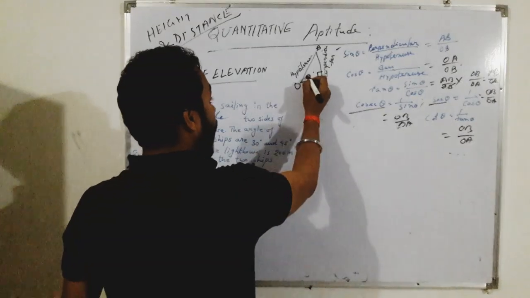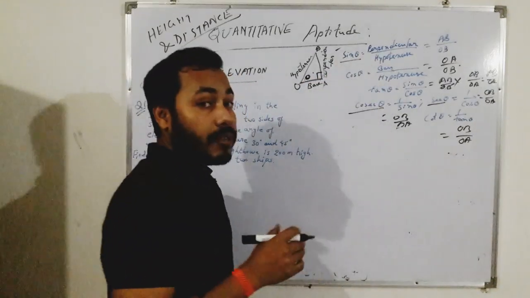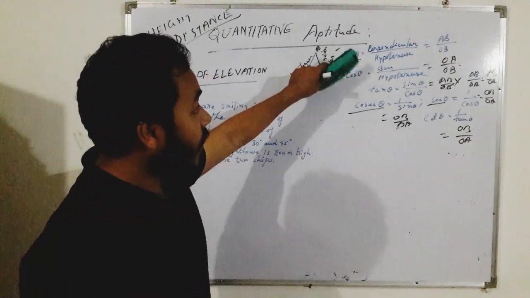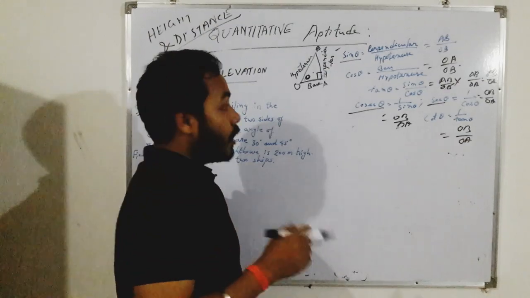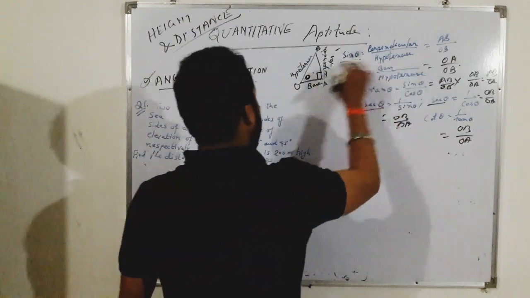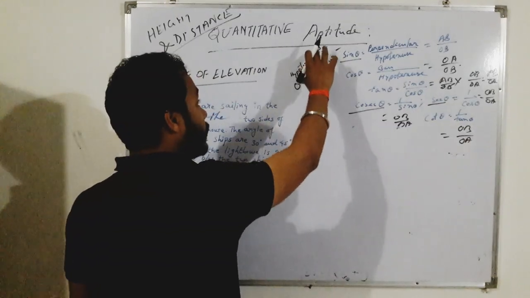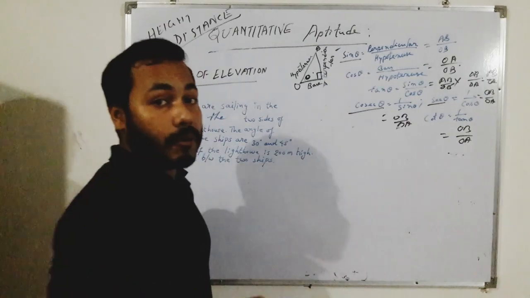Say this is the angle theta, and now the first one we are going to find out is sine theta. Sine theta is perpendicular divided by hypotenuse. In this case, perpendicular is AB, so AB divided by hypotenuse. Hypotenuse is the line that is connecting base and perpendicular, so OB is our hypotenuse.